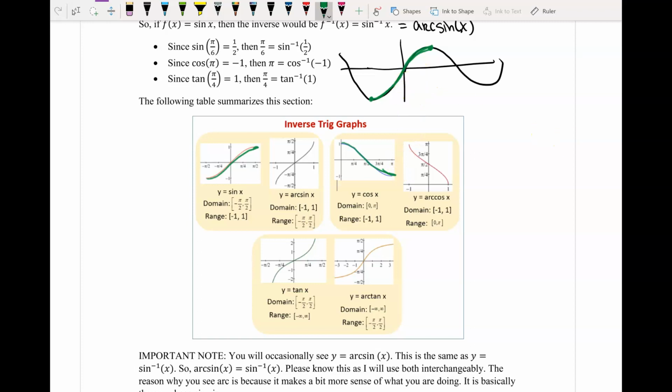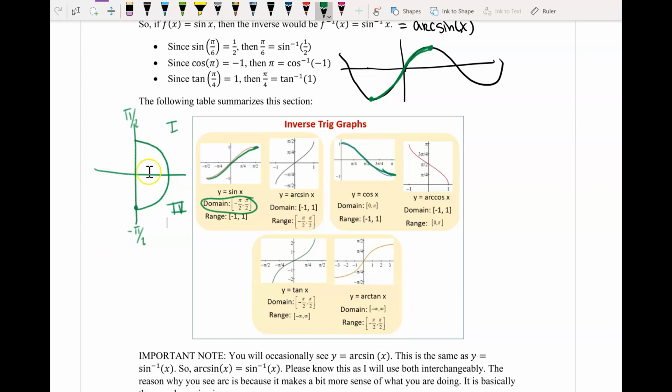Now, if I'm restricting the sine curve, for example, to the arc sine, what I'm really doing is, if you look at the domain, -pi/2 to pi/2, I'm only looking at quadrant 1 and quadrant 4.